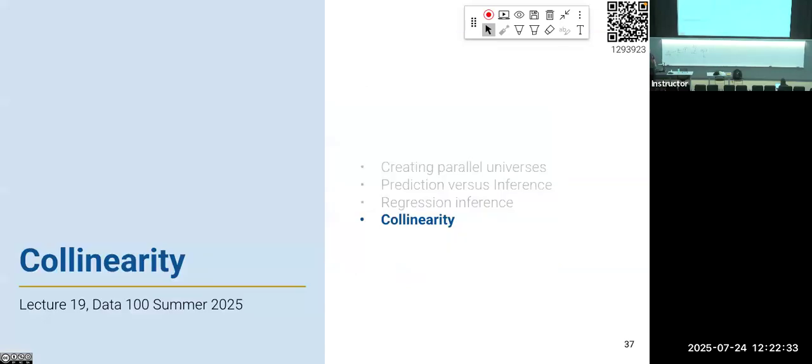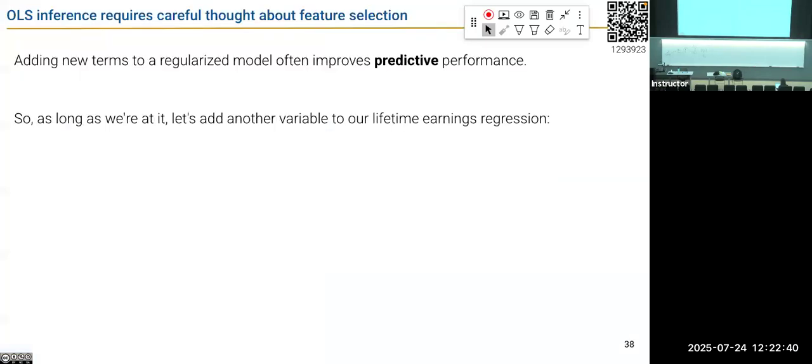Okay. Last topic of the day, or the week, actually. So again, we're gonna stay with the lifetime earning college degree example. In our regression model, we have 0, 1 for having a college degree.